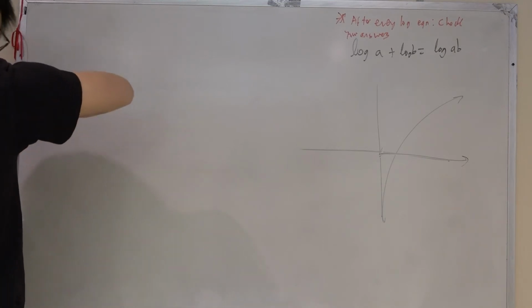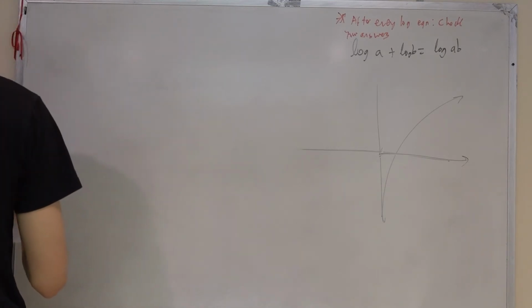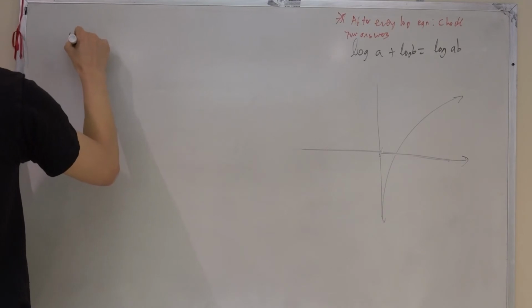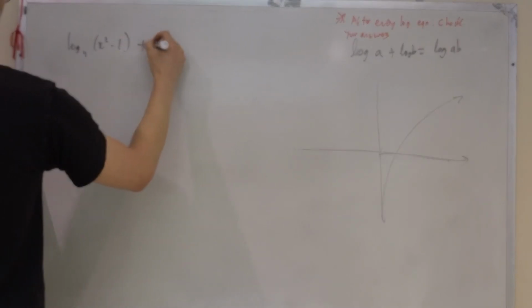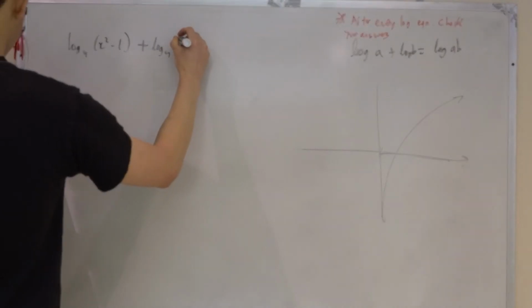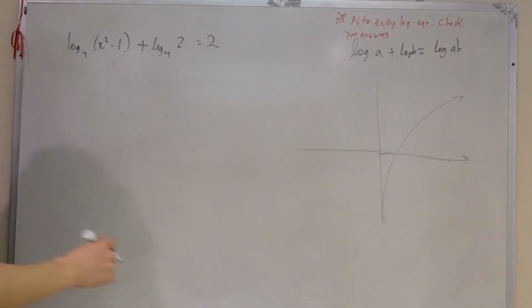Let's just do log 4 of x squared minus 1, plus log 4 of 2, equals 2. So try your hand at this one.